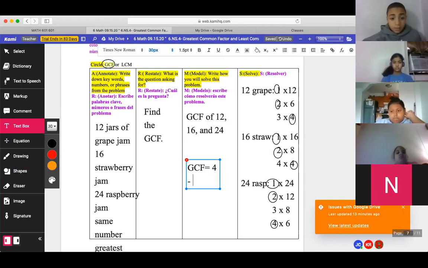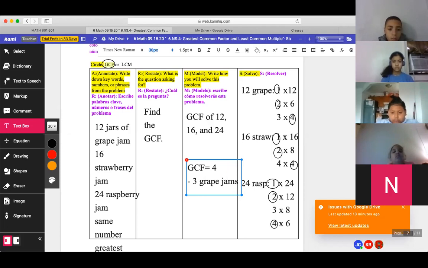Now that we found the GCF, we have to find the multiples or the number of jars that go into each box. That way it can have an equal distribution in between each box. So we have 4 as a GCF. So 4, how many jars of grape jam do we need in each box? 4 times what is 12? 3. Good. So we need 3 jars of grape jam.